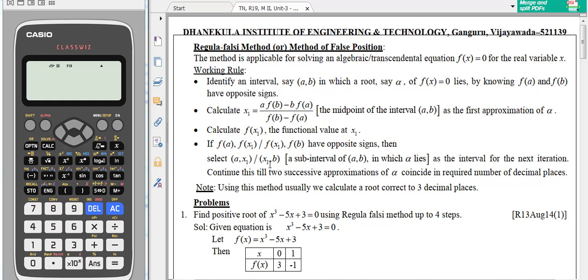Like that you can get the second approximation of alpha, and we continue this process till two successive approximations of alpha coincide in the required number of decimal places.